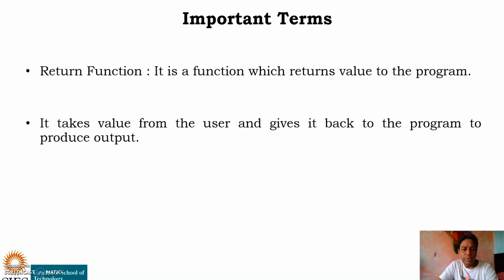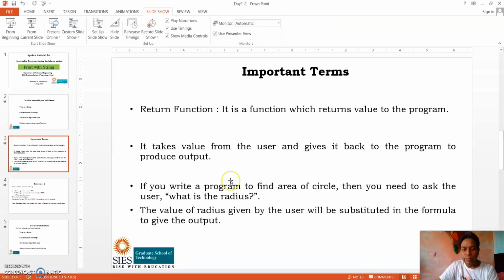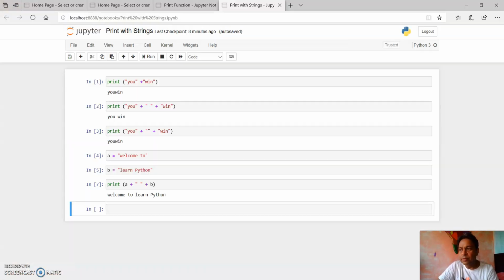It takes a value from the user and gives it back to the program to produce output. If you write a program to find the area of a circle, then you need to ask the user what the radius is. The value of the radius given by the user will be substituted in the formula to give the output. We'll move back to the terminal.